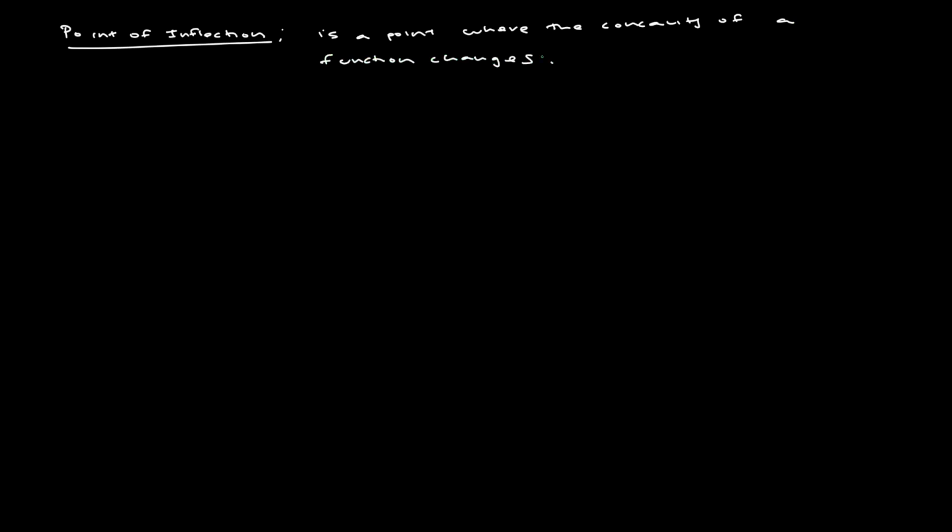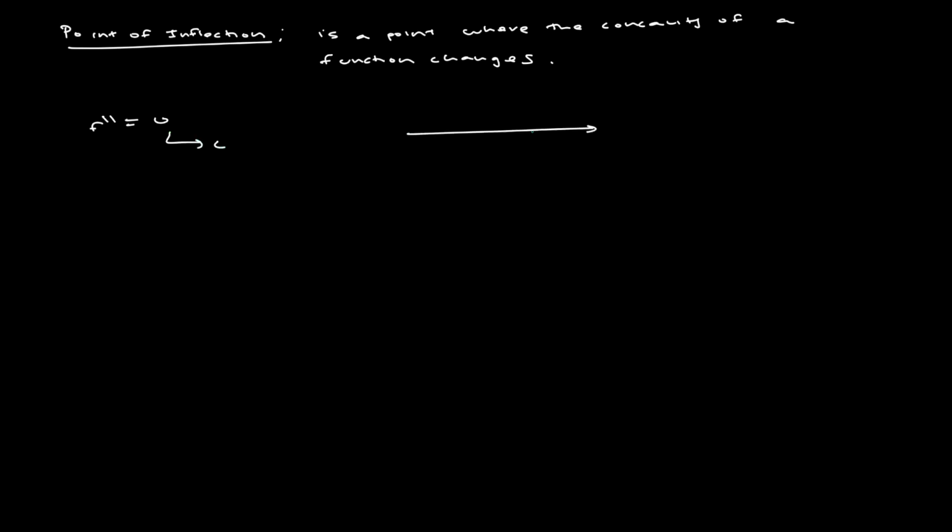So how do we go about finding the points of inflection? We should probably look at where the second derivative of the function is 0, right? So if f double prime is equal to 0, that can tell us about the sign of f double prime to the right and left of that point. So let's say f double prime is equal to 0 at some point c.